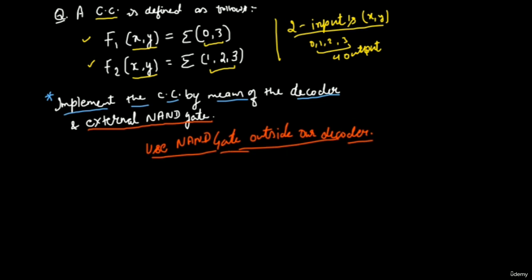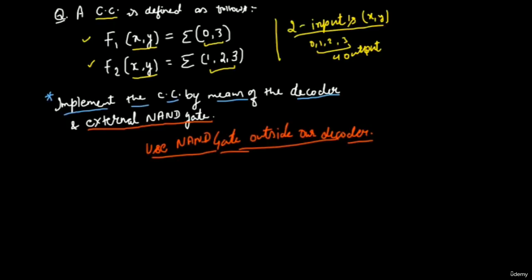So let's begin. First of all we need to make an input and output line. For that let's make an IC diagram because that is quite simple. We have two inputs and four output lines. So let me also mention so that we can see everything.